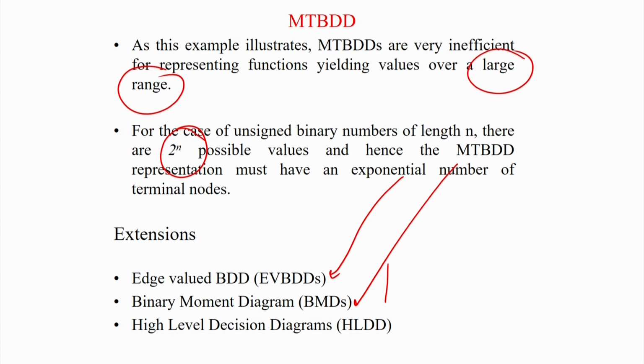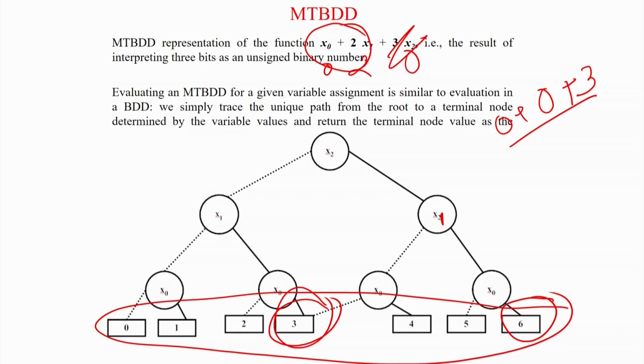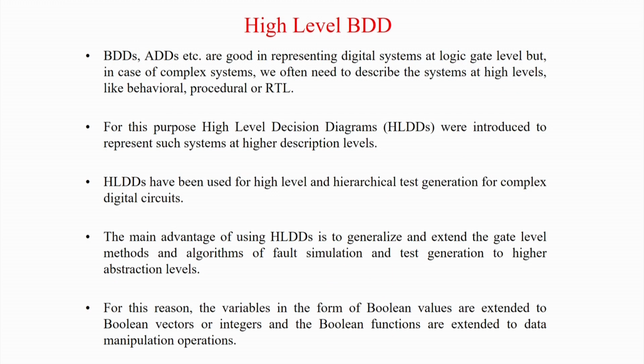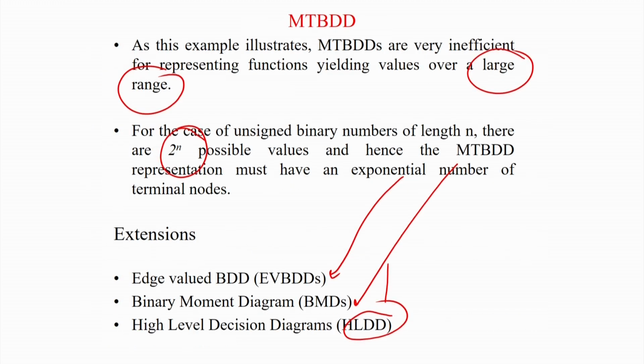Rather, what we will go to is the most advanced version, which is called the high level decision diagram. Rather than trying with these binary variables, because in this case x0, x1 and x2 are binary variables, rather than going binary and taking the output as decimals or real, the whole thing can be converted into a high level abstraction.